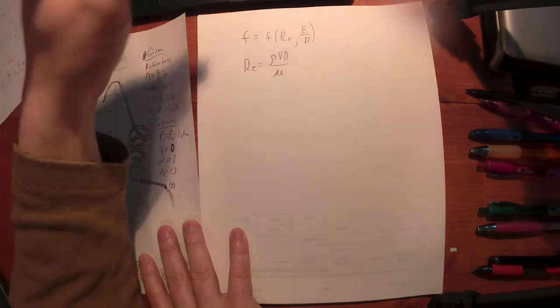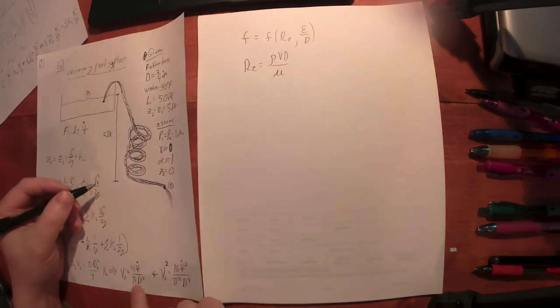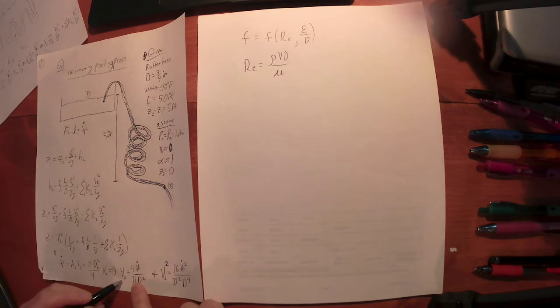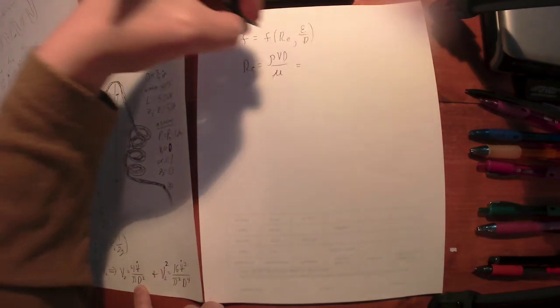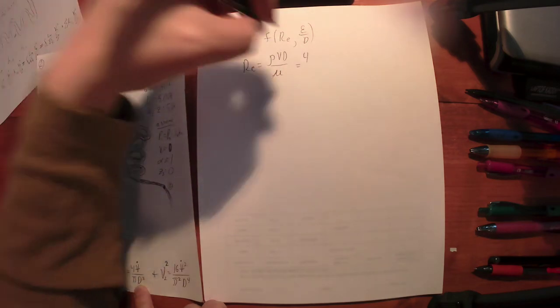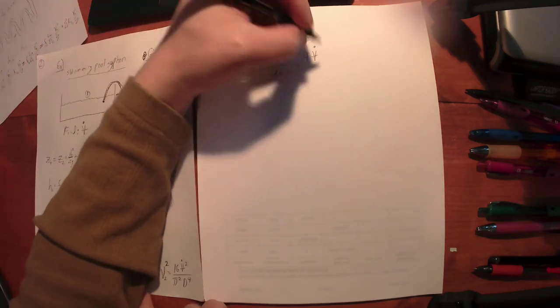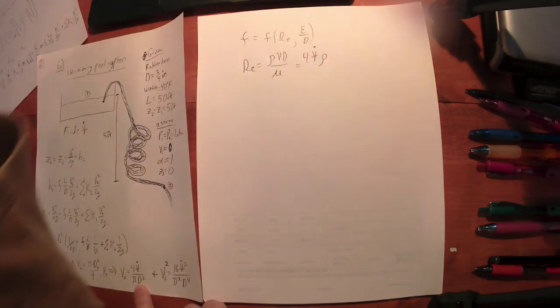And again, I don't know V, but I don't necessarily have to know V. I'm just looking for V dot. So I'm going to solve around that V. I'm just going to plug in here. This is going to be 4 rho V dot.